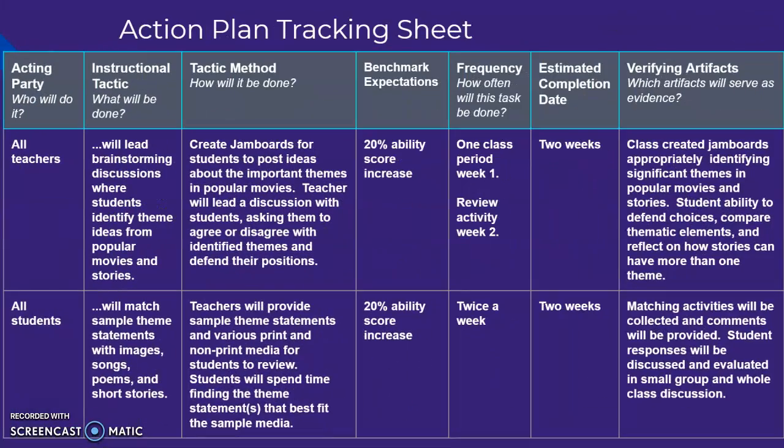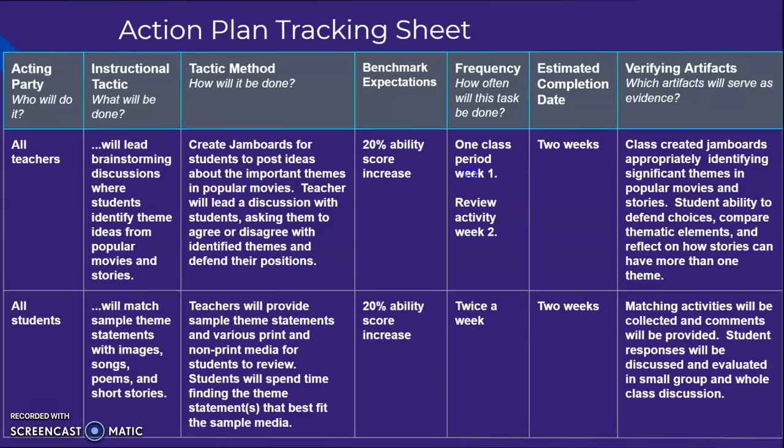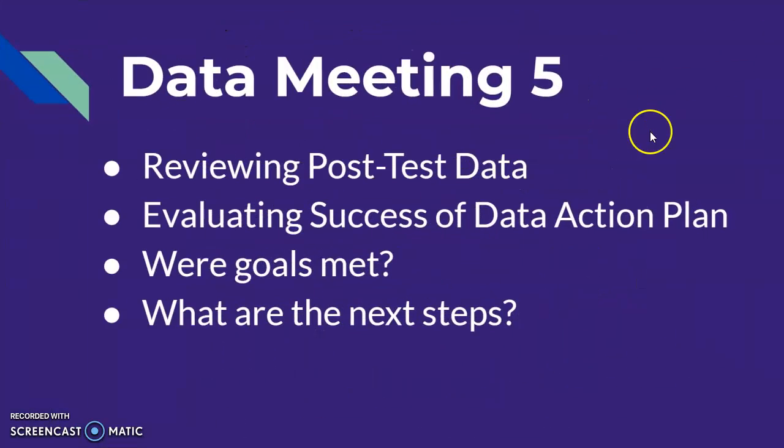So we do that with our action plan, researching, using our PLC, our support groups and the community in general, our educational learning community, to really focus on improving student performance.